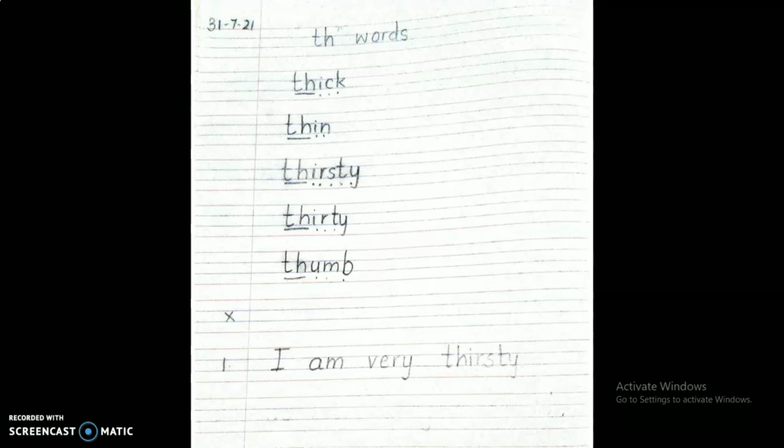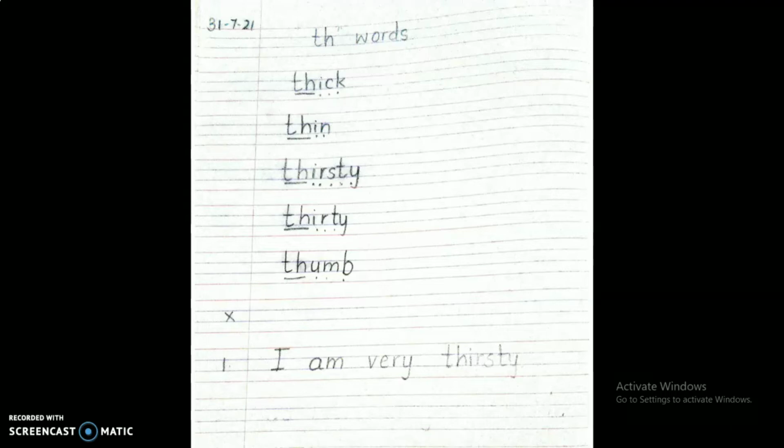But when we talk about blending, we can identify both the letters with the sound, like dr. You can identify it is D and R. When I say cl, you can identify it's C and L. But when I say th, it is not possible for us to make out which two letters are there. So these kinds of words, we call them digraphs.